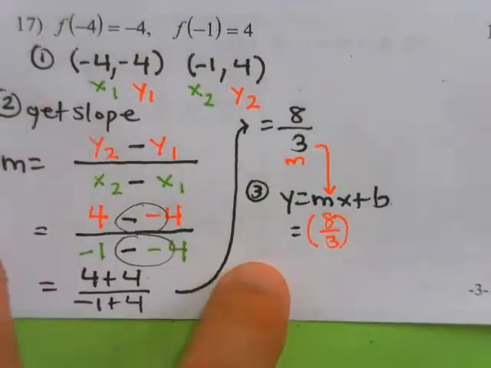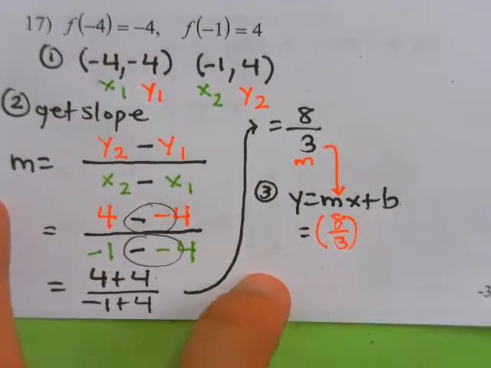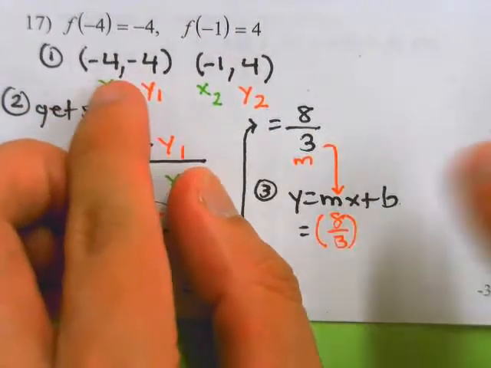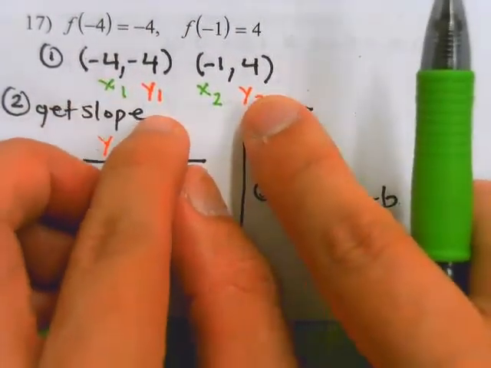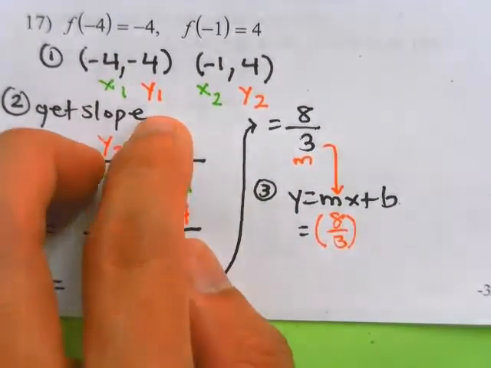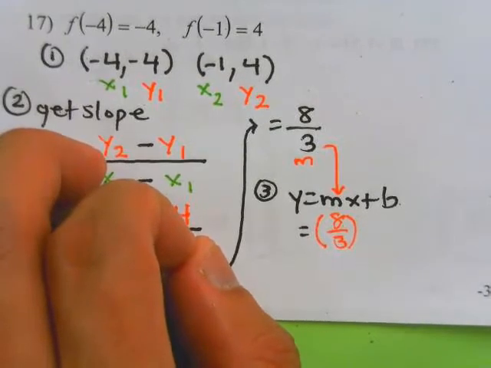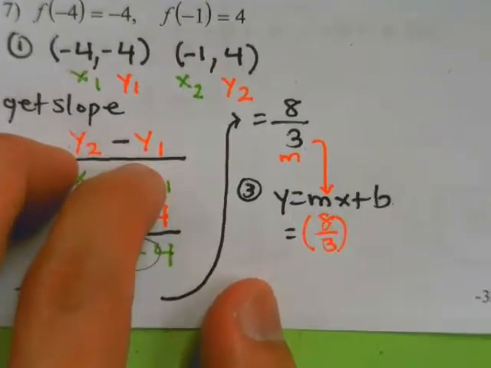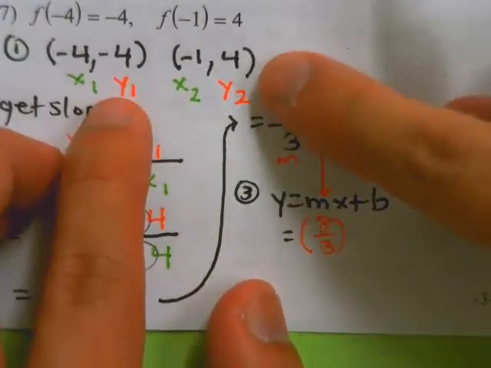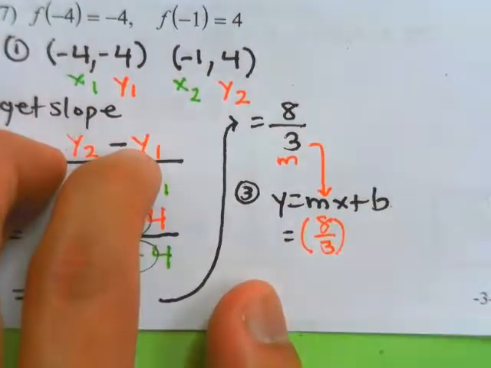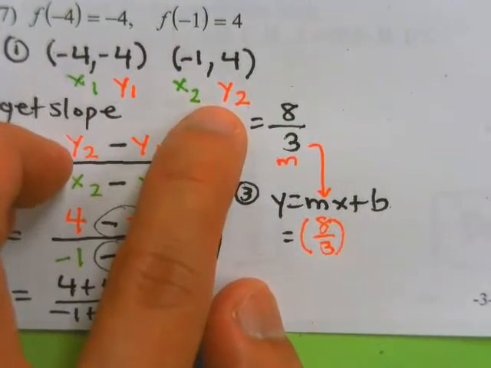The question is, Mr. Lucas, how do you know which y and which x to choose? Because there's two of them. We got two x's, we got two y's. My answer to you is, it doesn't matter, but you have to be picky with it. Why don't you choose any y value right now? Go, pick one. 4?